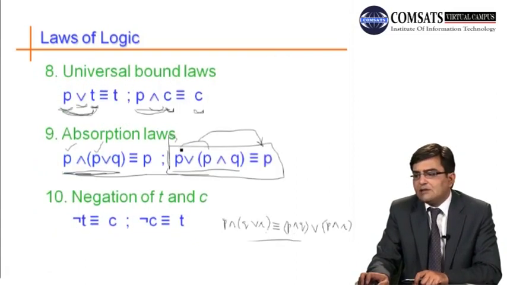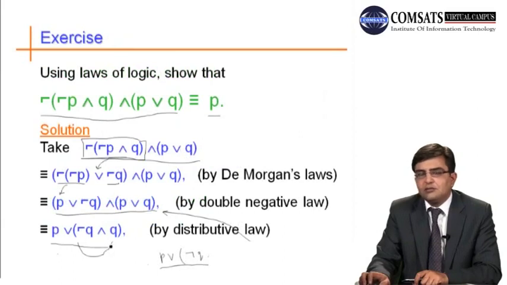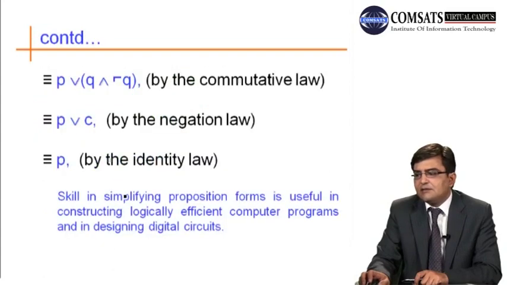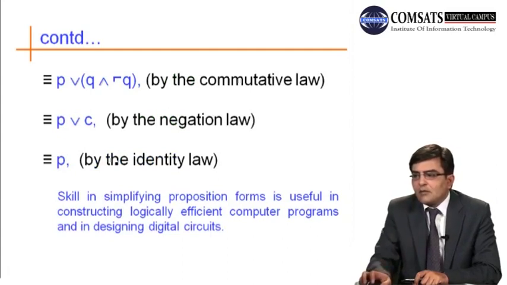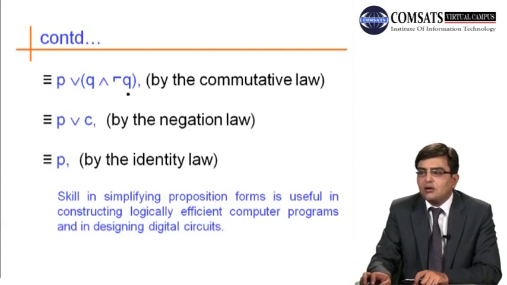So we can apply this law here to not Q and Q. What is this? This is equivalent to a contradiction. This is basically the negation law, and we can say Q and not Q or not Q and Q.